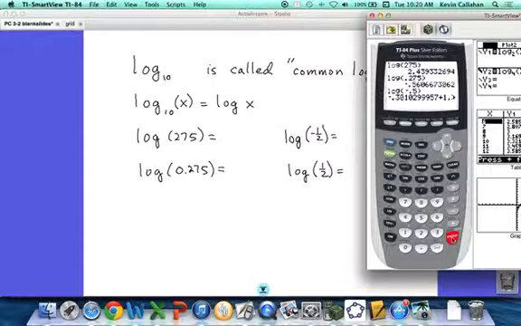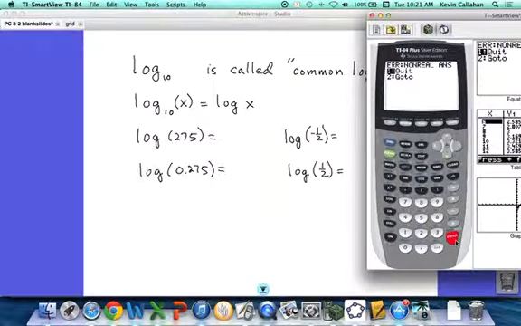What did I get wrong here? Just a second. You have to set your mode to real, because that should not have worked. Okay, enter. The log of negative 0.5 is an error. It should be a non-real answer.